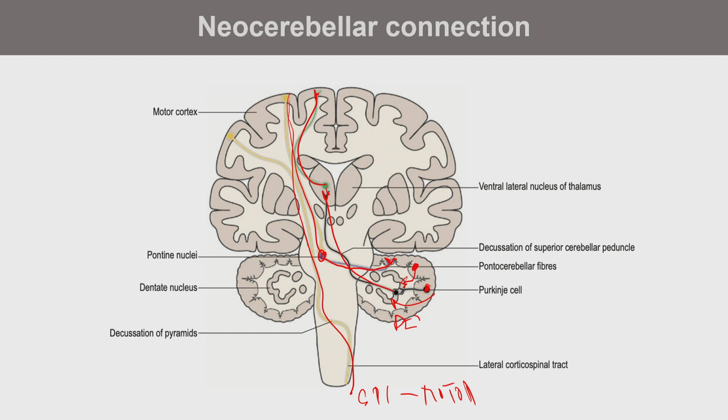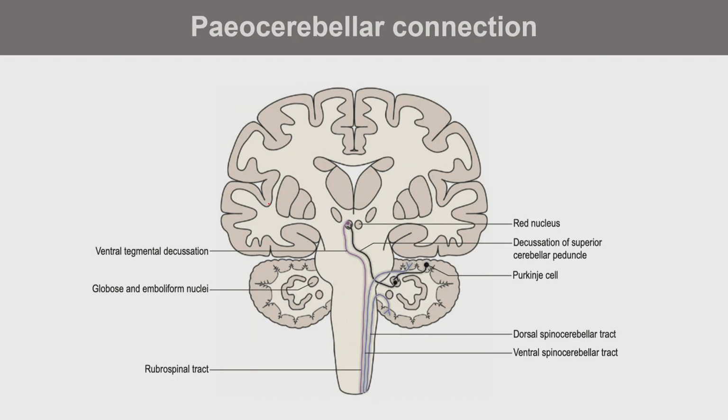If we look at the cerebellum, probably you can see the cortex and nuclei, the dentate nucleus. These gray matter structures are organized very similarly to the cortex and basal ganglia, cortical and subcortical. So paleocerebellar connections are connections which go to the spinal cord directly, not to the cortex.